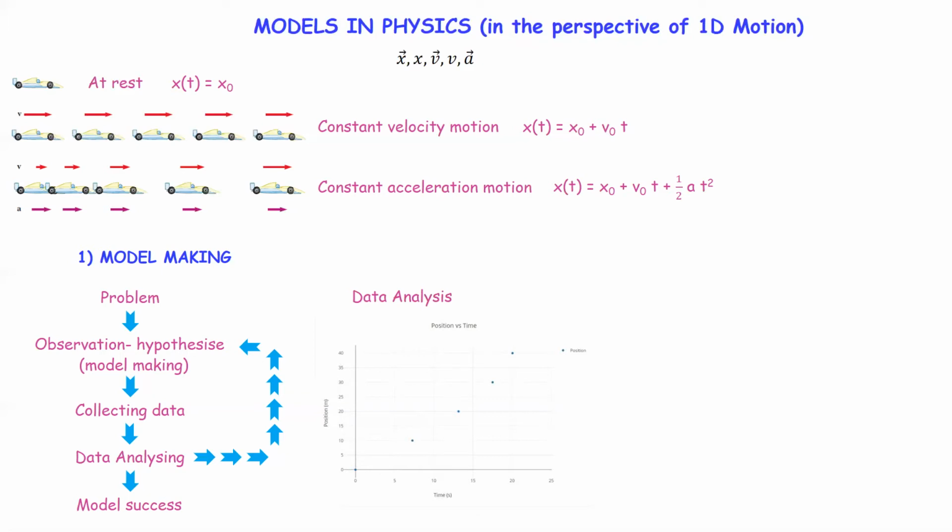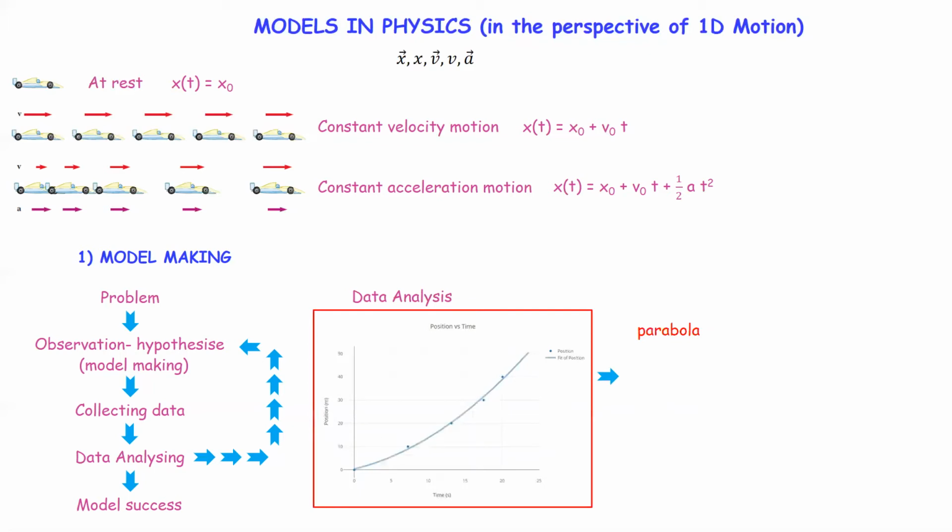When you look at the data in the plot, this doesn't look like a straight line. It looks like maybe a parabola. Why do you think so? Because in your mind, you are doing some kind of fitting to these data points. Sometimes the points might be just off this hypothetical line.